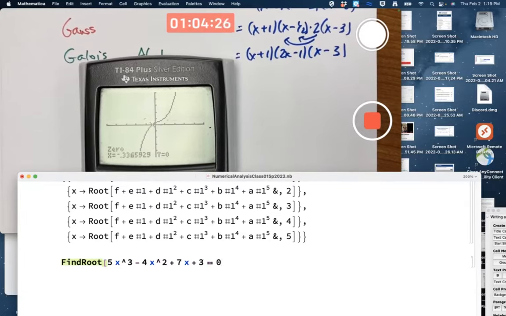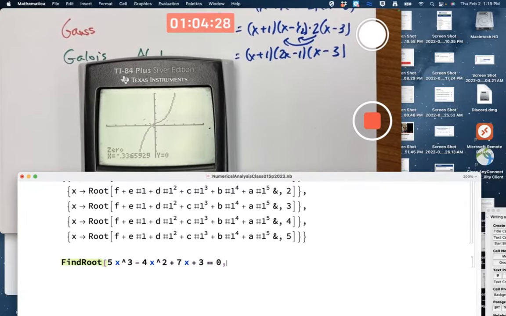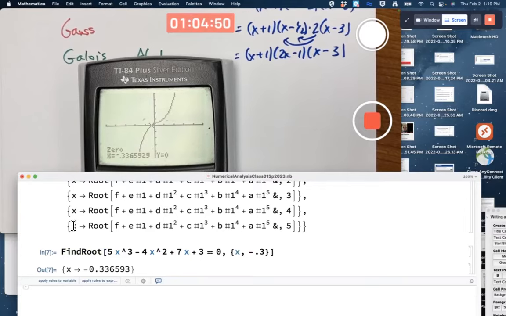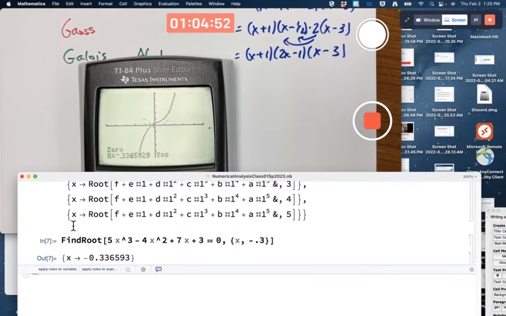If you use FindRoot, by the way, I don't know if you noticed this, you need double equal signs in Mathematica for solving equations. Don't do single equal signs, it messes everything up. Single equal signs are assignments, not equations. And you give it a guess in curly braces, say x is negative 0.3. There we go, negative 0.336593. Yep, that's the same as the calculator to that many decimal places.